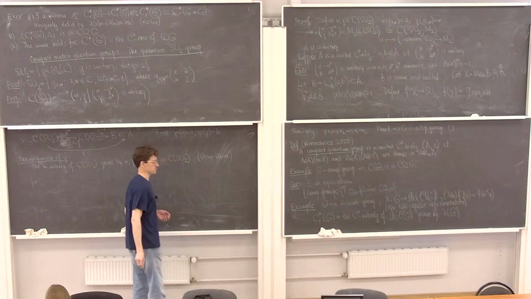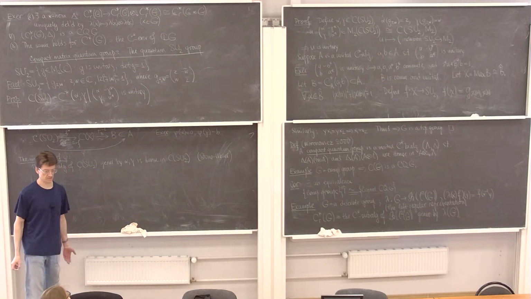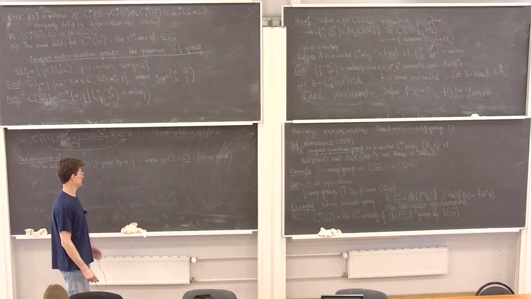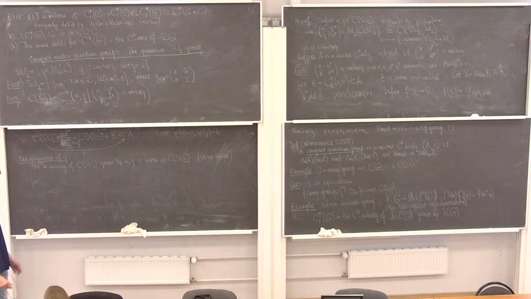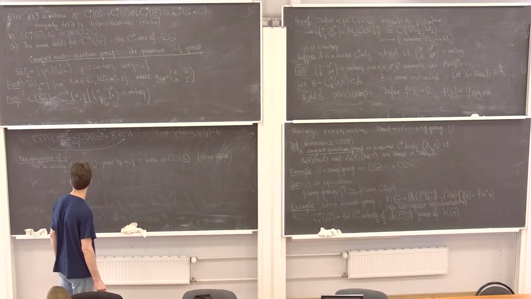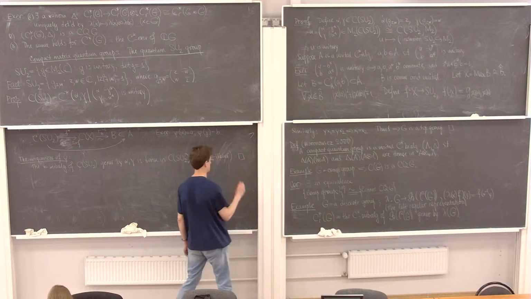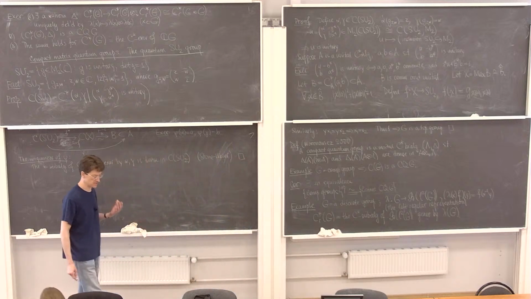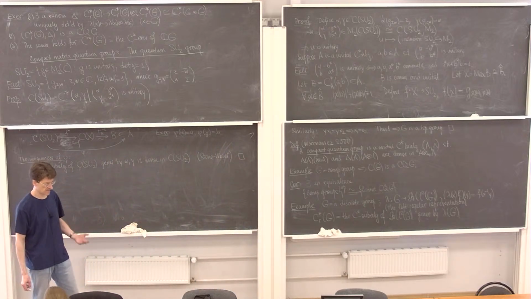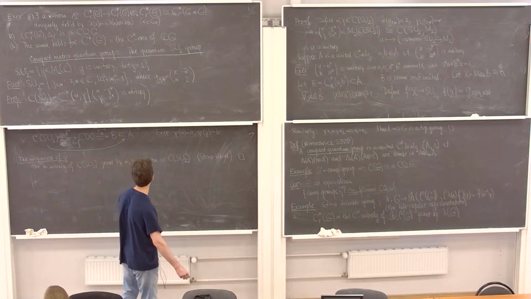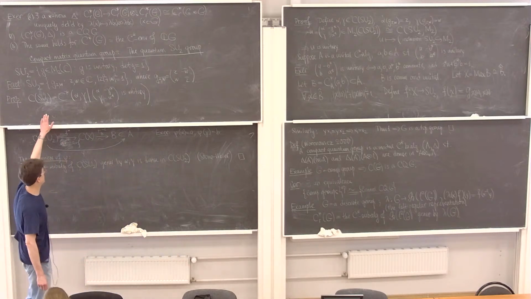Clearly, these two functions, alpha and gamma, already separate the points. And so the subalgebra generated by these two elements is dense by the Stone-Weierstrass theorem. And this completes the proof. So we have proved that the algebra C of SU2, together with these two concrete functions, alpha and gamma, satisfies the respective universal property. So we get this isomorphism.